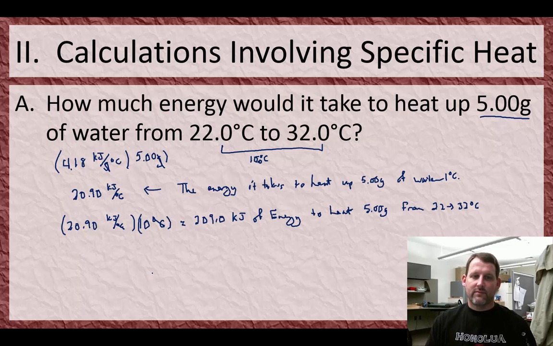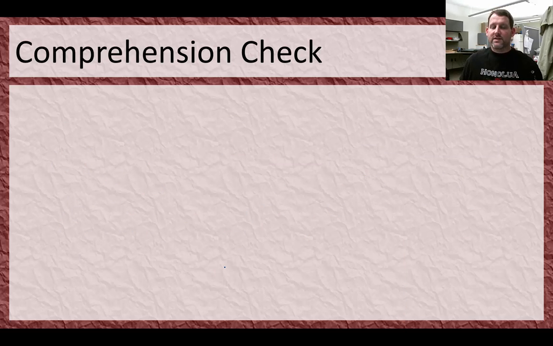Awesome. So basically notice, because I had more than 1 gram, I multiplied by the grams I had. And because I'm going more than 1 degree Celsius, I multiplied by the degrees Celsius. And that gave me this large amount of energy that I need to just heat up 5 grams of water 10 degrees. All right.